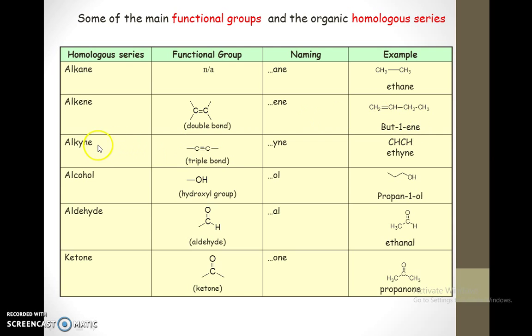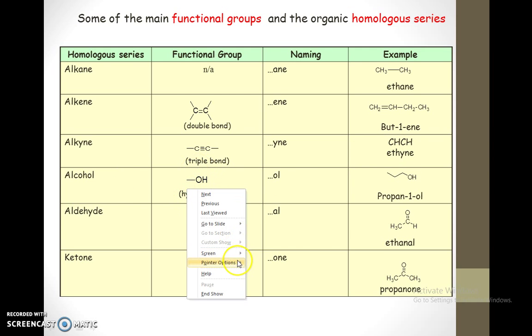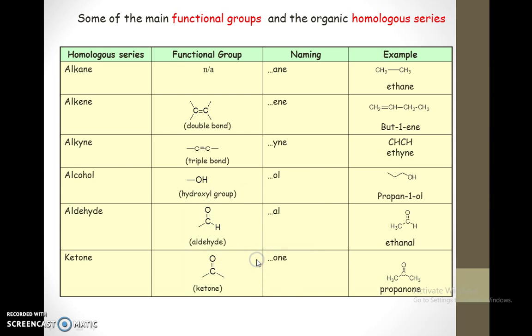Another example, alkyne. So alkyne, the functional group is triple bond. For example, ethyne. Next, alcohol, the functional group is hydroxyl. Okay, the naming, the suffix just put the ol.